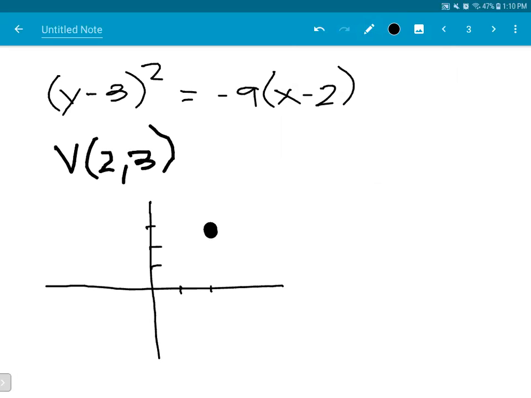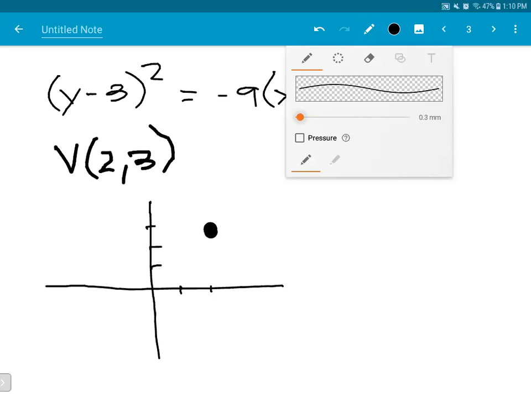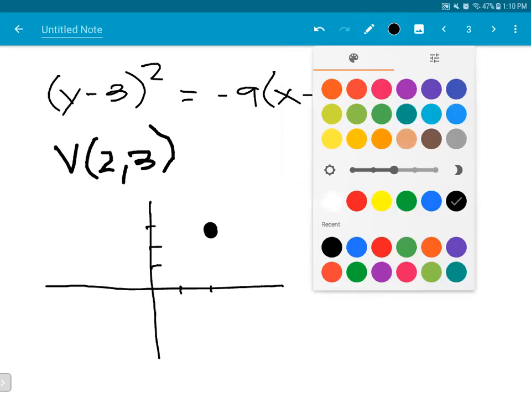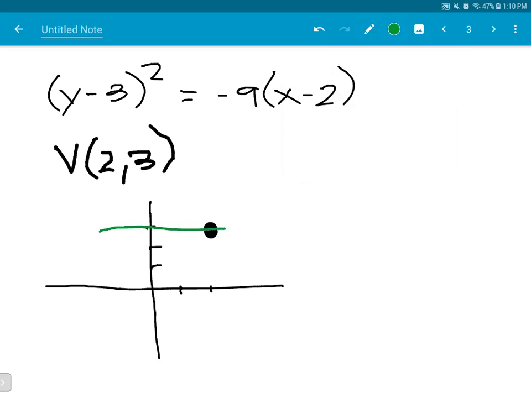Then you draw, if you want, the axis of symmetry right away. So it will now be horizontal.